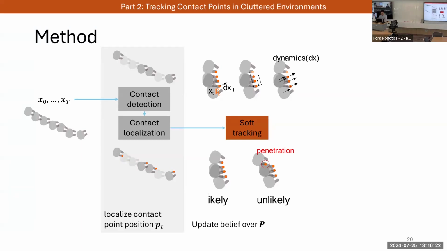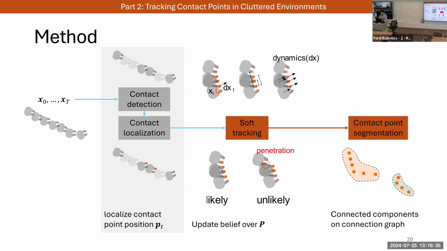This is a sequence of predicting how the previous contact points will move with each new contact, and then evaluating the likelihood of each of those estimates. For downstream tasks, we extract the most likely estimate from our belief, and then segment the points based on distance to find connected components, which we interpret as belonging to different objects.